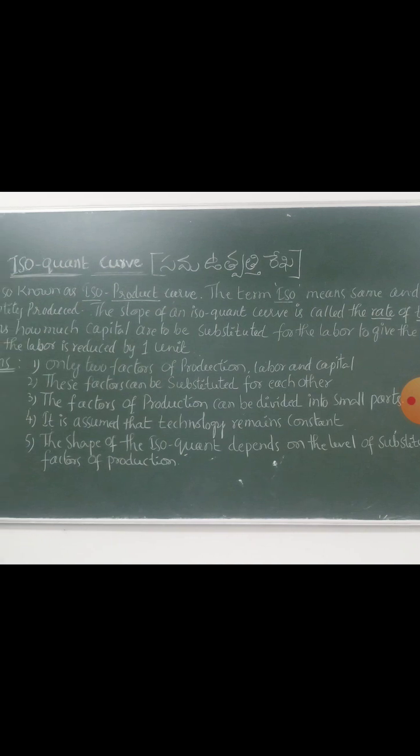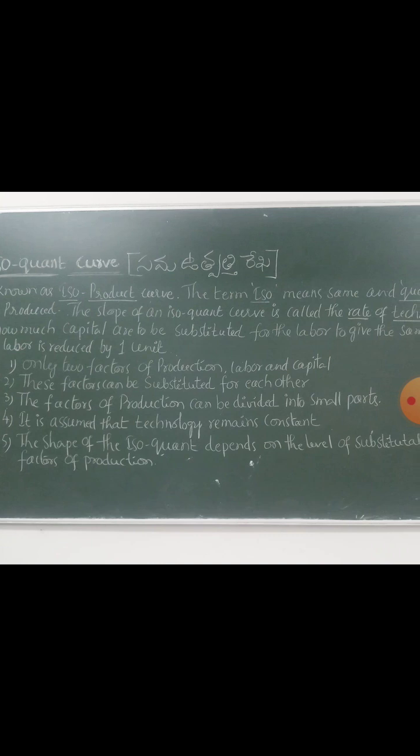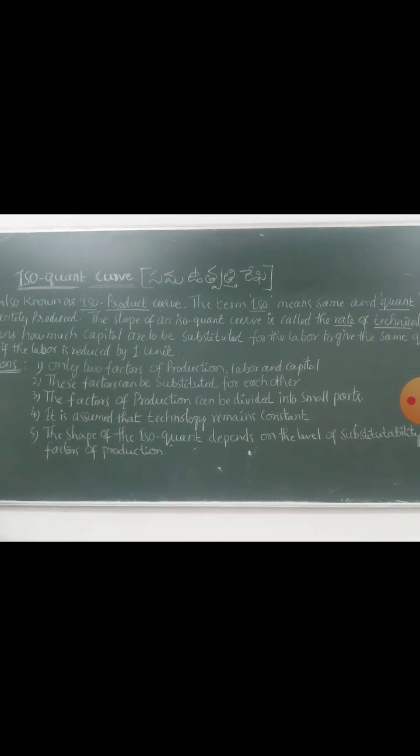It is assumed that technology remains constant. Technology means, in the assumption of the isoquant, the technology is constant. The shape of the isoquant depends on how much substitutability of the two factors of production there is by the producer. This is a main important assumption to get the isoquant curve.